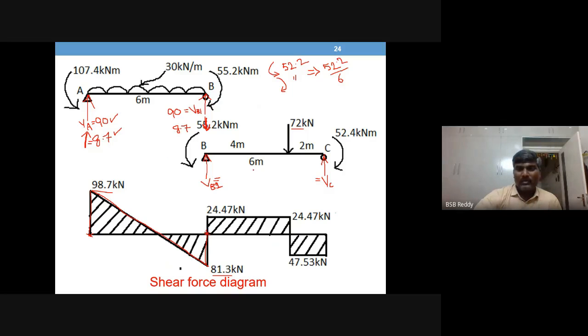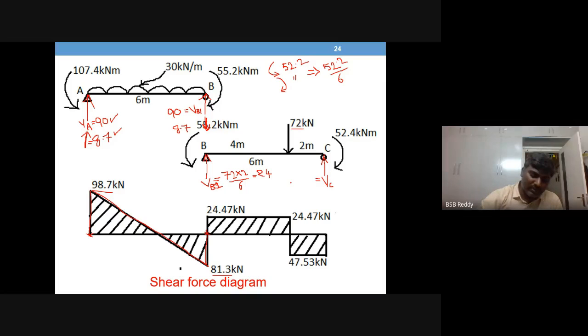So from 72, the reaction is 72 into opposite distance 2 divided by total span 6. This is the value. 72 into 2 divided by 6 is 24.